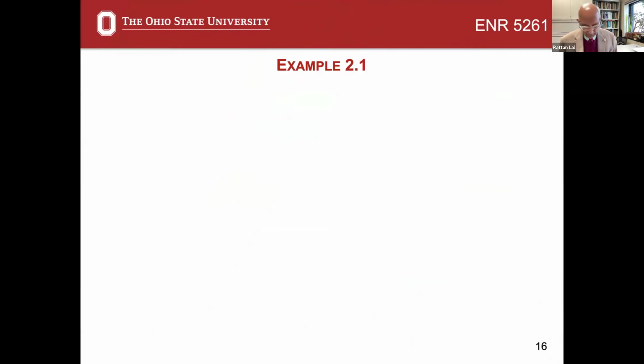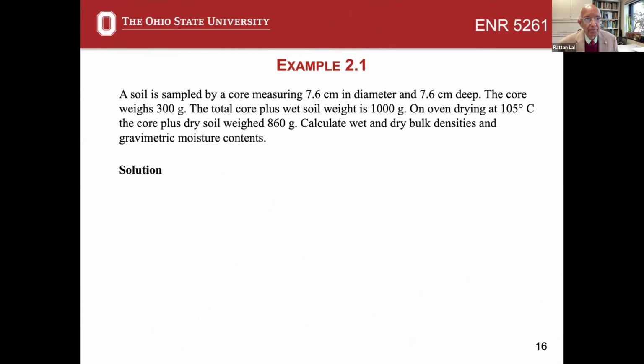I'm going to give you at least one example, and you will be doing this in your lab on Thursday. So we have a core of soil. It's a cylinder whose diameter is 7.6 centimeter, which is approximately 3 inches. By the way, inches, pounds, feet and yards are not used in this class.